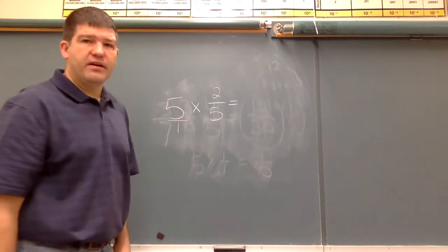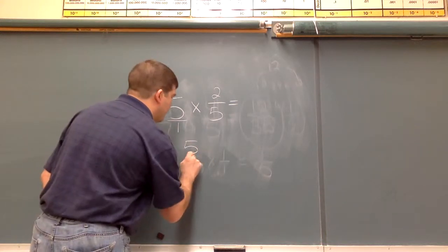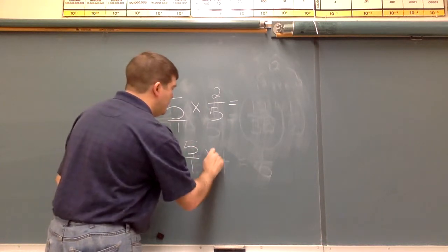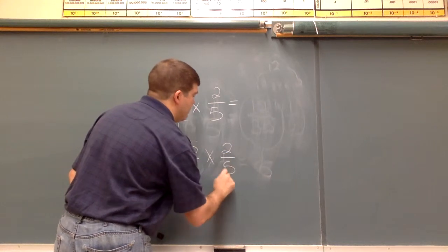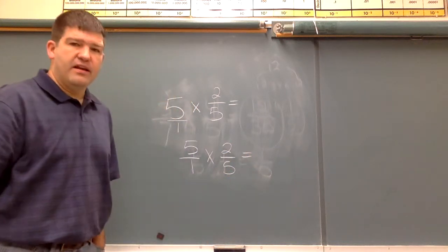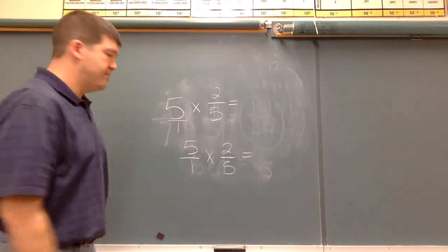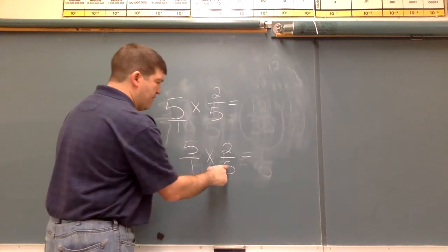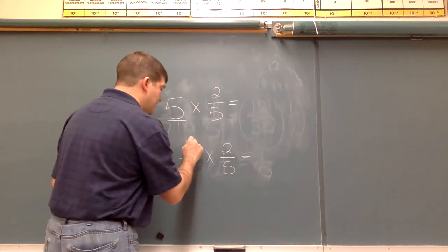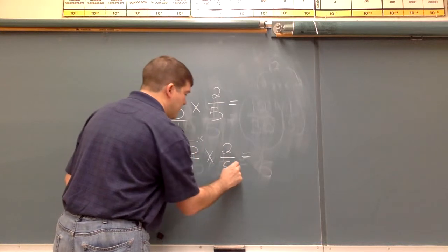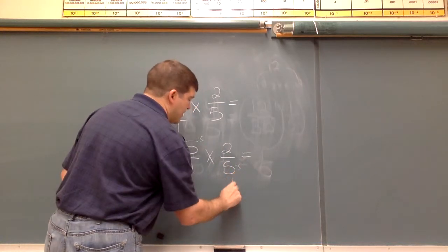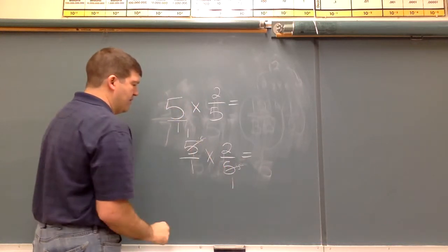I put a 1 under it. And then I'm going to rewrite the problem. 5 over 1 times 2 over 5. Then I look, can I cross cancel? 2 and 1, no. 5 and 5, ooh, I could do that. So divide this by 5, this by 5. That gets me 1, and that gets me 1.